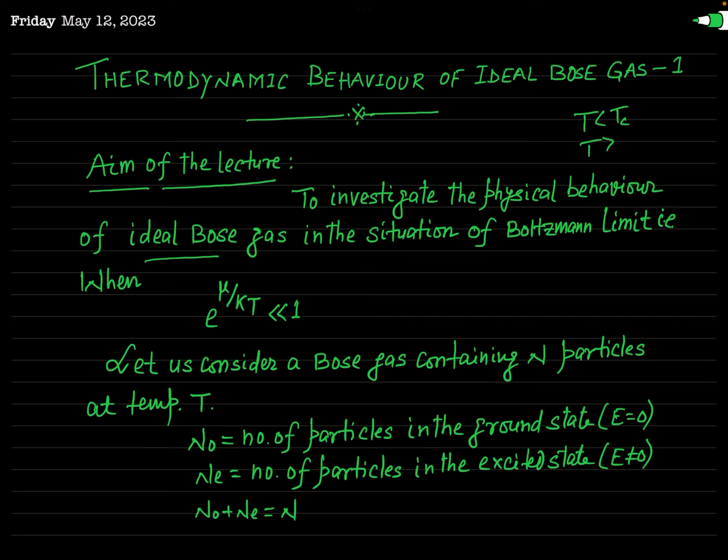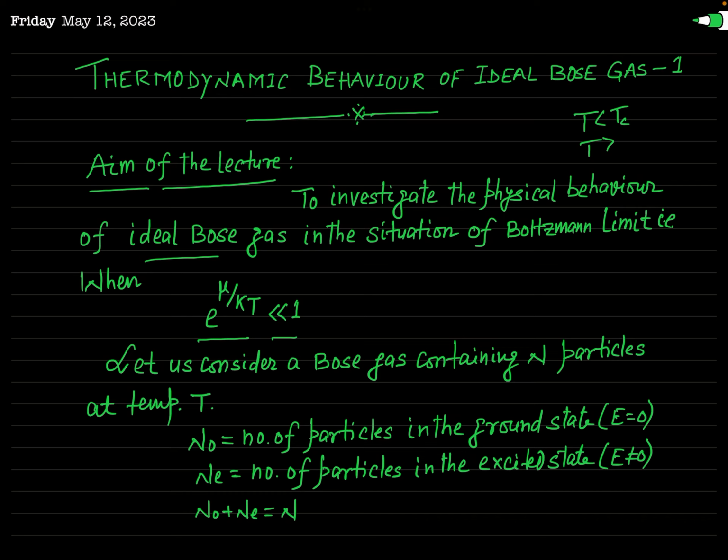And that particular condition is e to the power mu by kT is much smaller than 1. This limiting condition is known as the Boltzmann limit. So in the Boltzmann limit, our aim is to investigate the physical behavior of an ideal Bose gas.